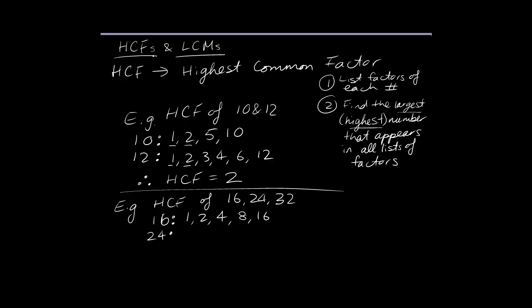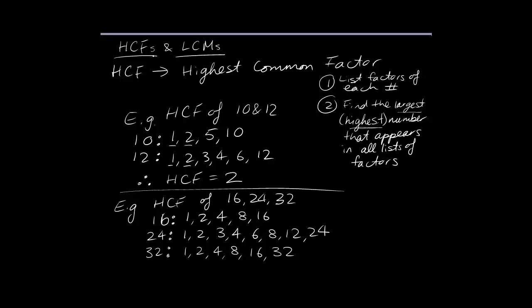For 24 it's going to be 1, 2, 3, 4, 6, 8, and then 12 and 24. And for 32, its factors are 1, 2, 4, 8, then 16 and 32.